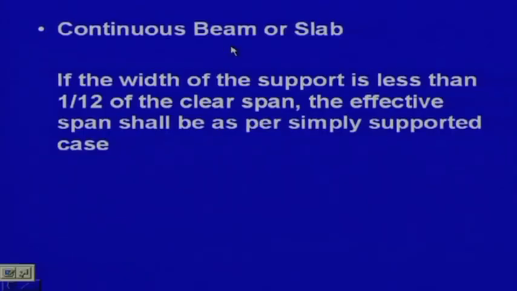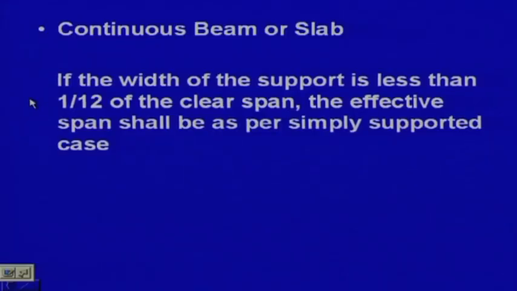But if it is a continuous beam or slab, the code says in the same clause: if the width of the support is less than 1/12 of the clear span, then the effective span shall be as per the simply supported case, the one which we have already described.